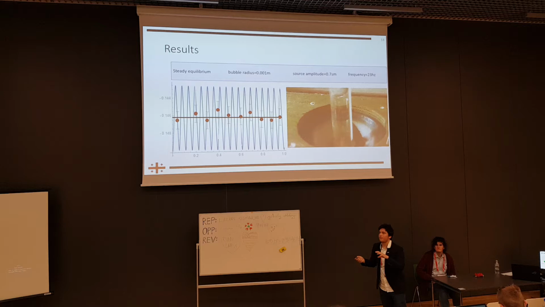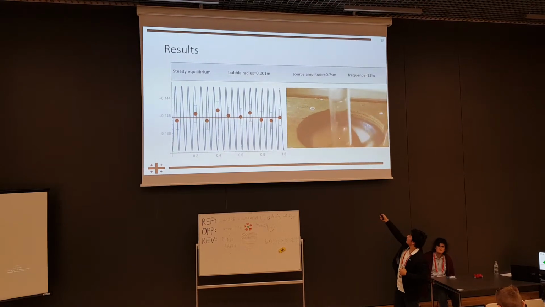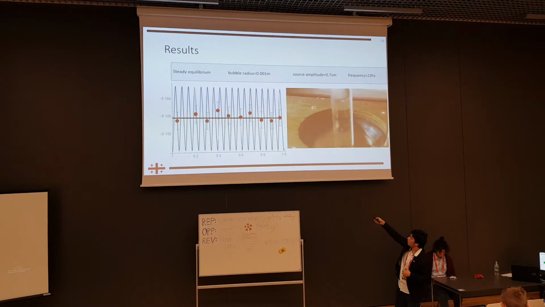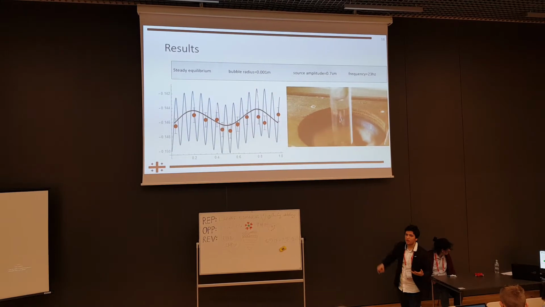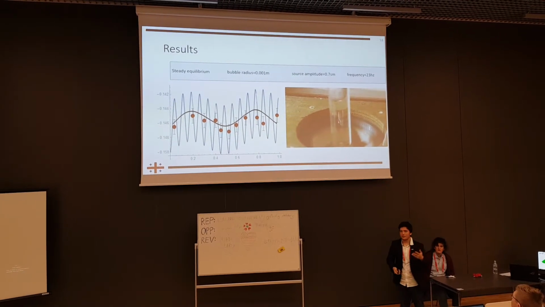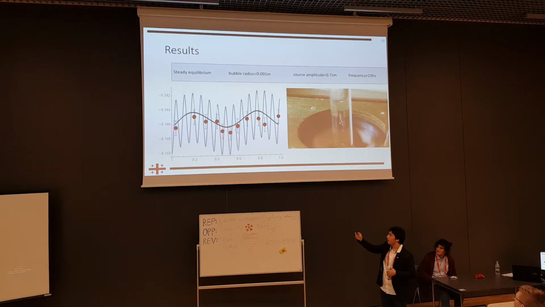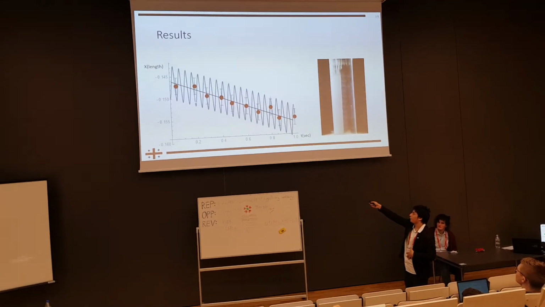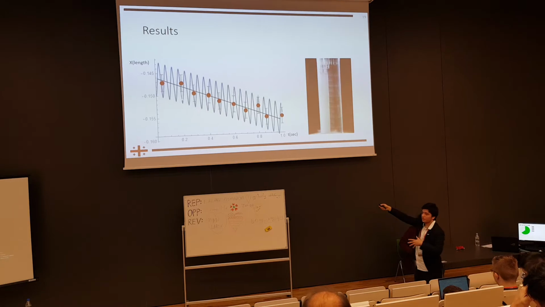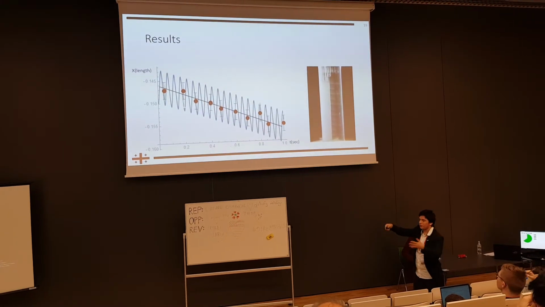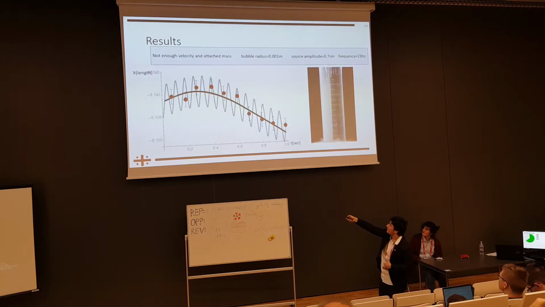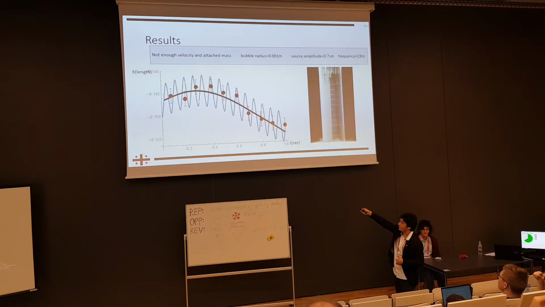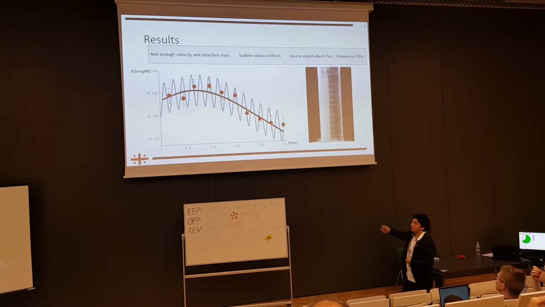But we also observed that after some time, this kind of equilibrium position could have an oscillation part, which we call a steady equilibrium position. But of course we also observed the linear sinking of the bubble, and experimentally we observed some kind of unsteady equilibrium position, when at first the bubble is at the same height, but then it begins to sink in the water.